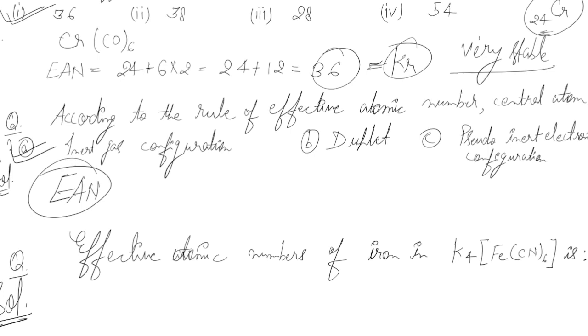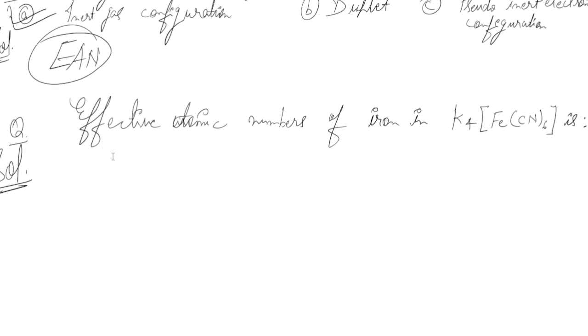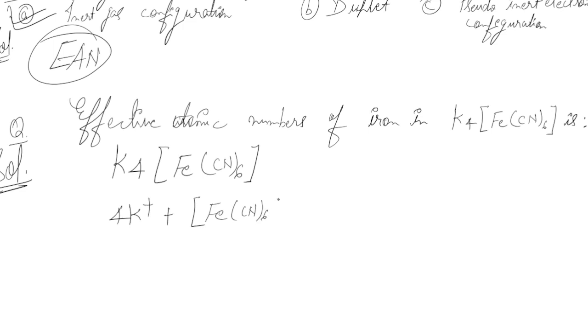So the effective atomic number of the iron in this particular complex, that is K4[Fe(CN)6], the hexacyano system. If you do the ionization, it gives 4K positive, and this will be your [Fe(CN)6] with 4 negative charge. So what is the oxidation state of this iron?